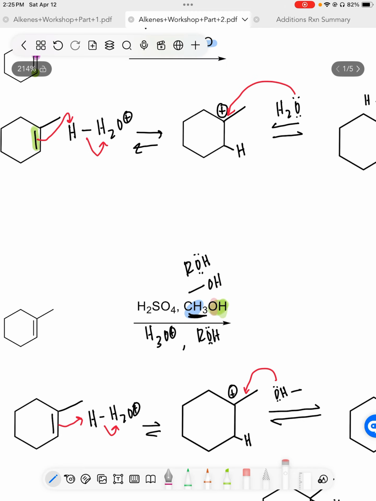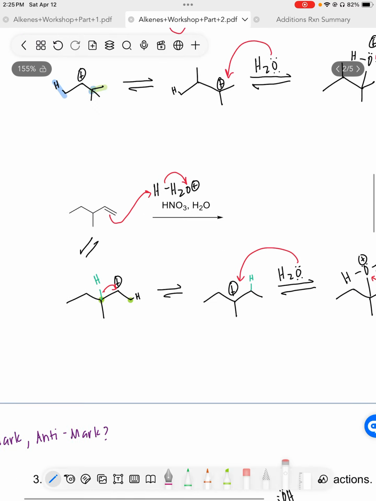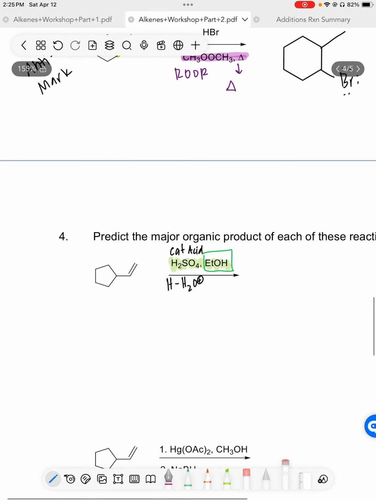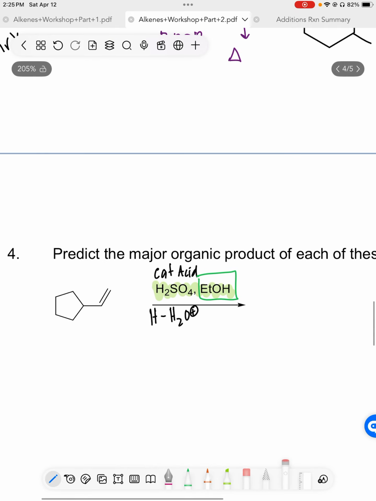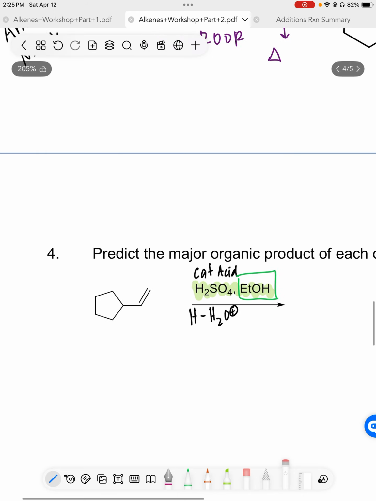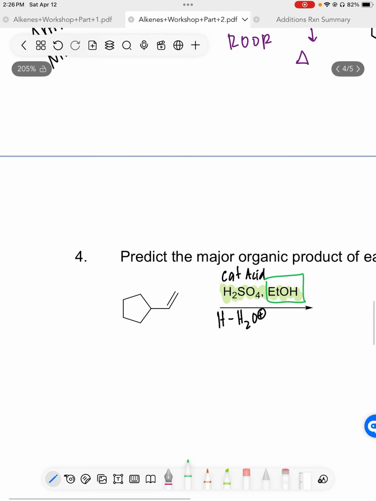So what you have to notice is that when you have an alcohol instead of water, you're going to be making an ether. So with water, you're making an alcohol. With an alcohol in the reagent, you're making an ether. Okay, so this is a Markovnikov reaction.